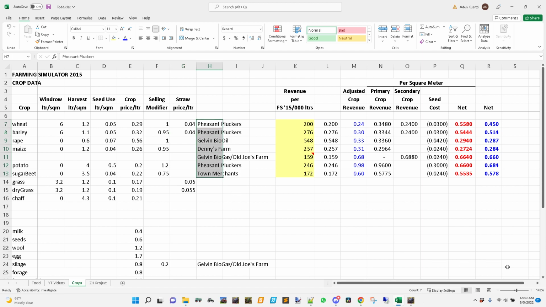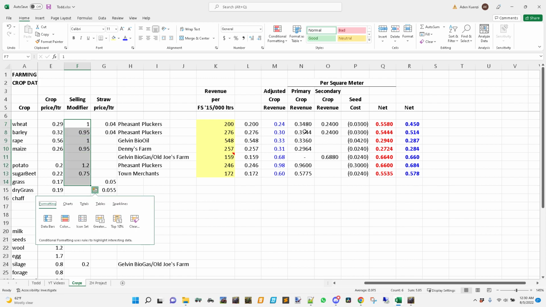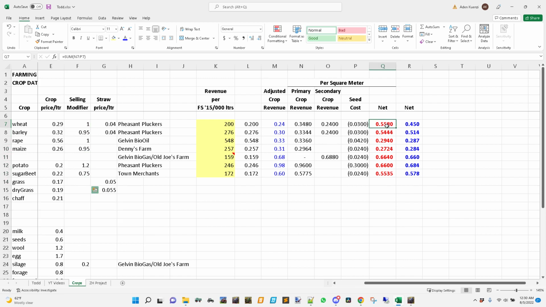So I figured out which were the best stations, and using the base data from the game, if there was no modifications, well, I guess it did take into account these modifications, but if the game was starting out, that's the red output here. Basically, this is the revenue per square meter. So that's multiplying some variables together.